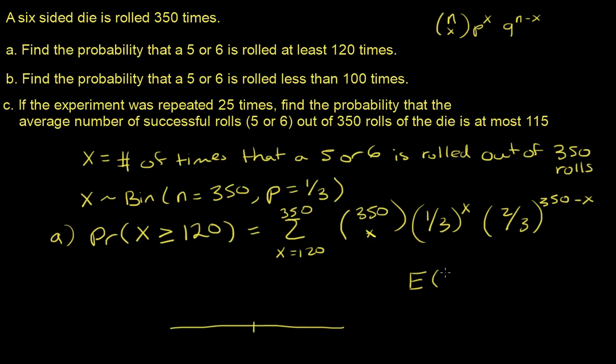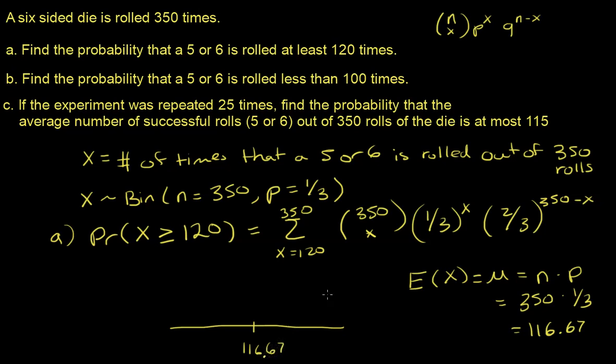So the mean, or the expected value, remember, expected value is the same thing as mu, right? For a binomial distribution, it would be n times p. N times p would be 350 times 1/3, which in this case, this comes to about 116.67.